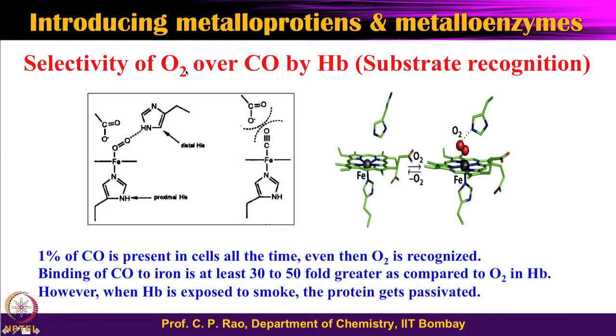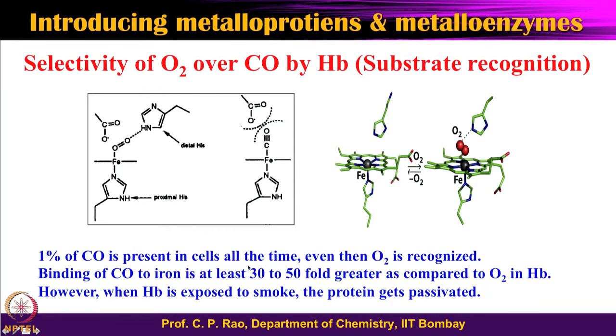Okay, another aspect that I talked to you about is that this enzyme must recognize O2 over CO. It is very, very important. Why? Because if you look at the cells, they always have CO being generated from the dead cells, etc., about 1% of CO is always present in cells.